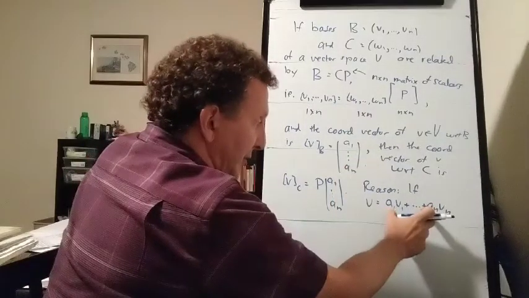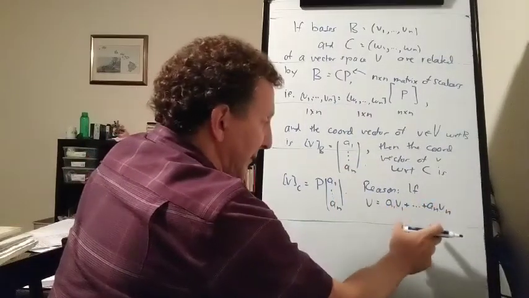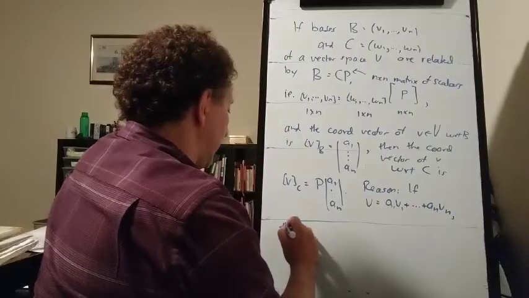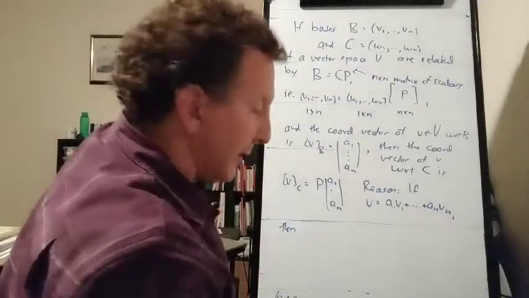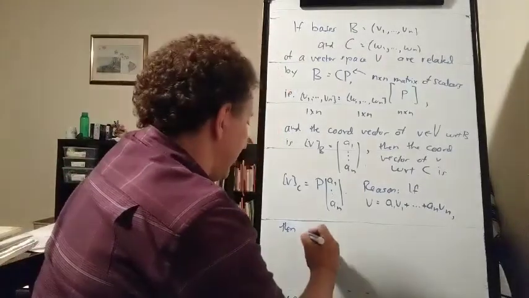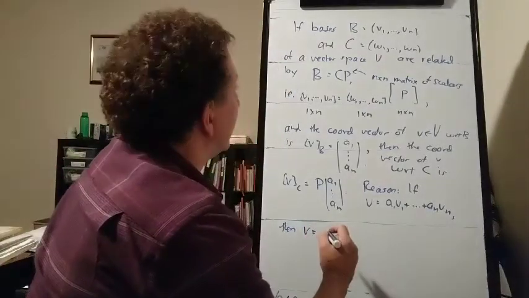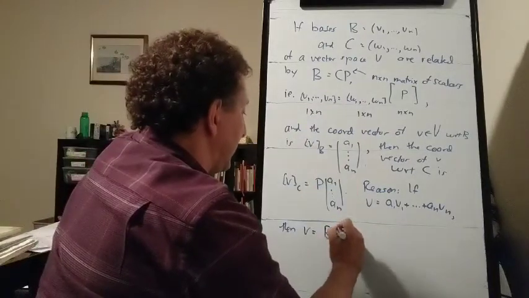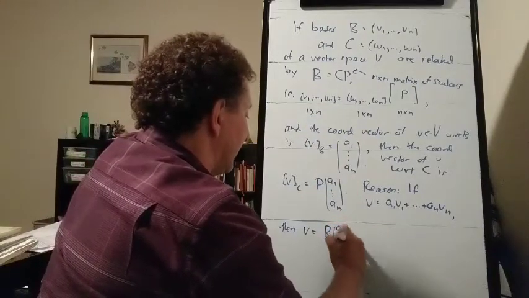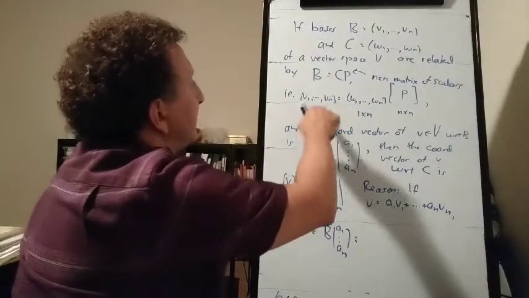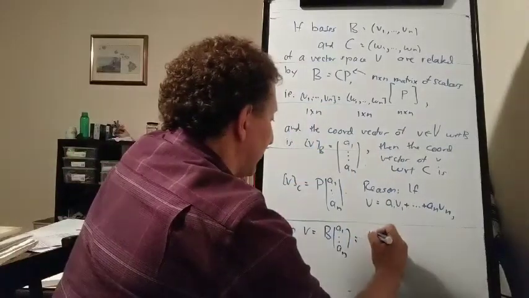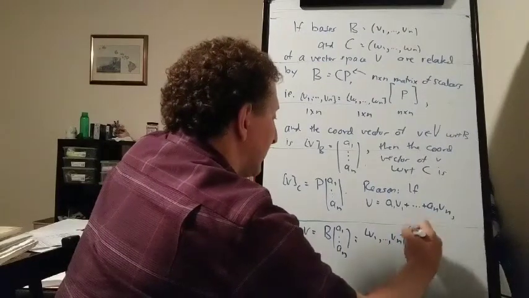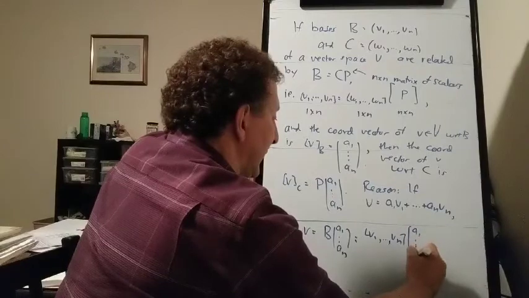It means these are the coefficients, the multiples of the basis elements that we need to get V. Then V equals B times A1 through AN. That is, B is this row vector of vectors, V1 through Vn, times A1 through AN.